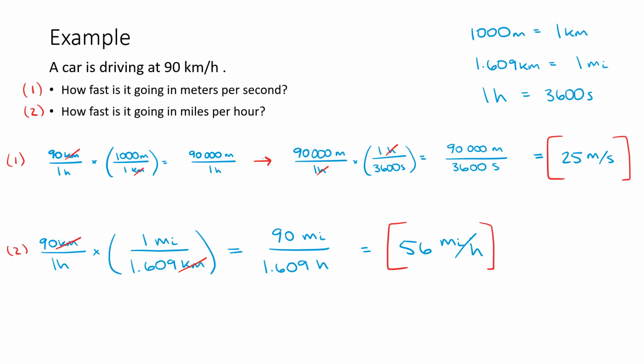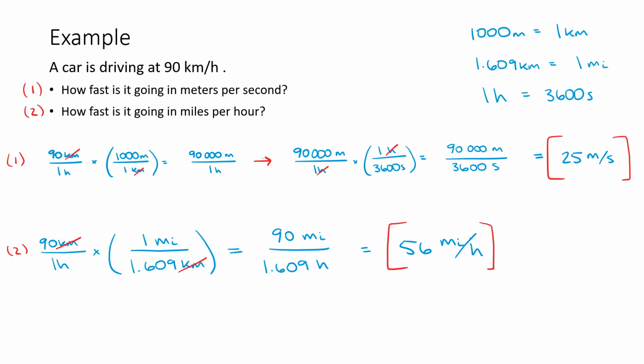That will be meters. So this is me just putting the units in the arrangement that I want to find it in. What I'll have to do is turn the numerator into meters, and I'll have to turn the hours into seconds.